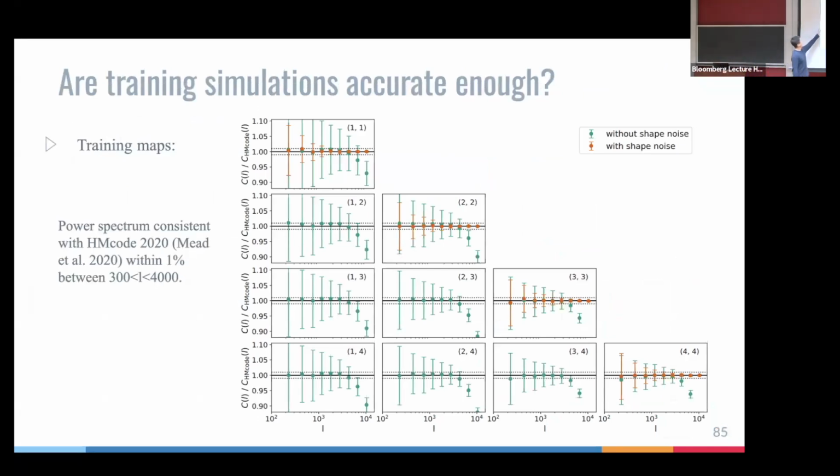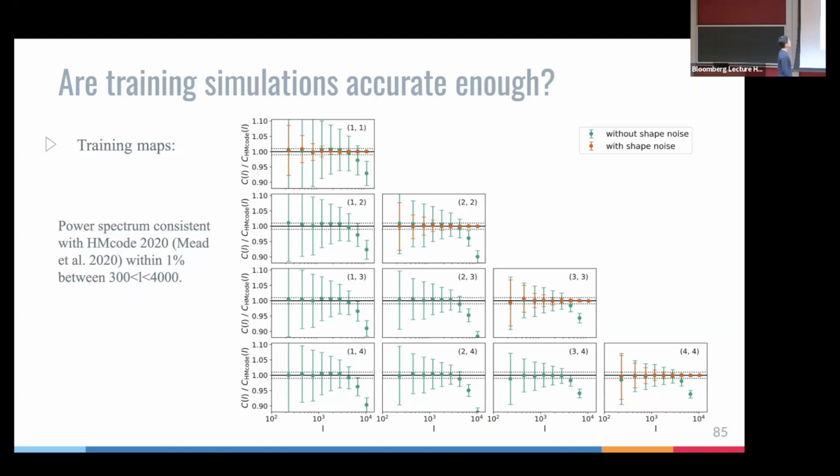So the question is whether these simulations are accurate enough, whether they are consistent. To start with, we just look at the power spectrum, and we compare that to the HMcode 2020, which is a power spectrum emulator based on HaloFit.